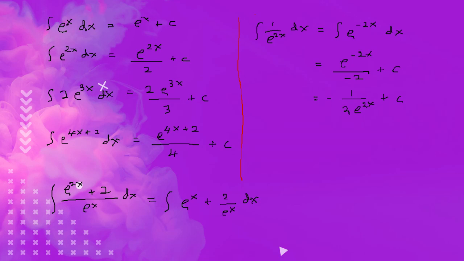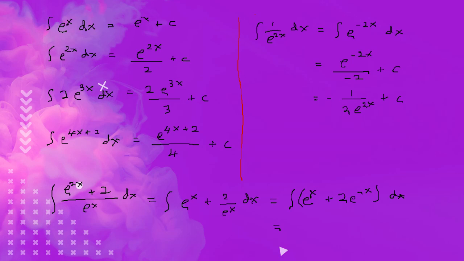So 2 over e^x is a rational function, we need to adjust it to a polynomial function. So we have e^x plus 2e^(negative x). We bring e^x to be a polynomial function. Then we can integrate this one.